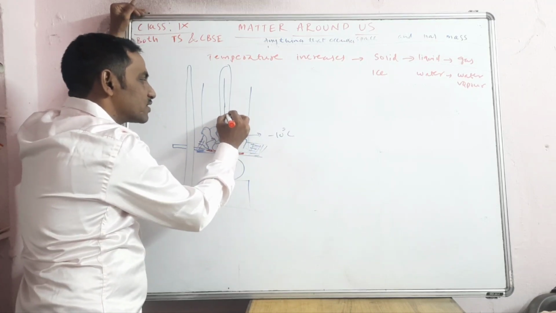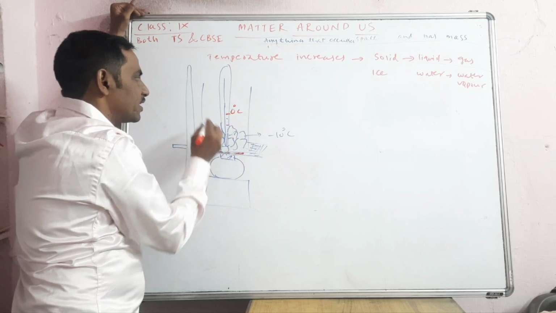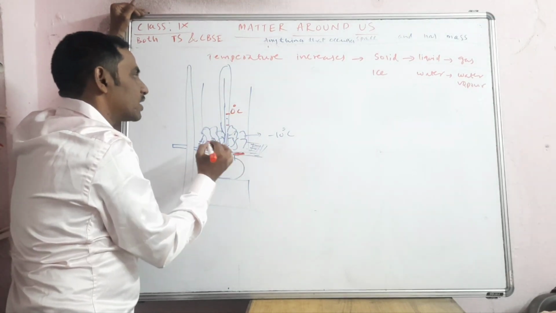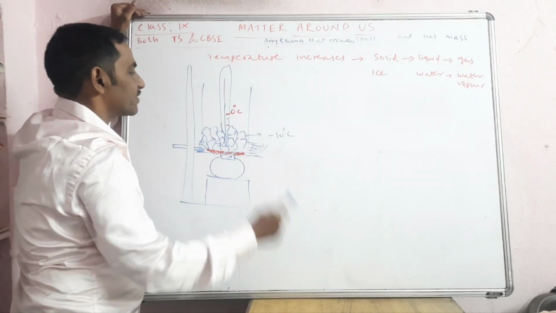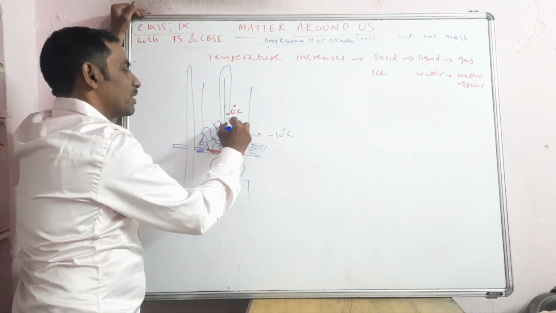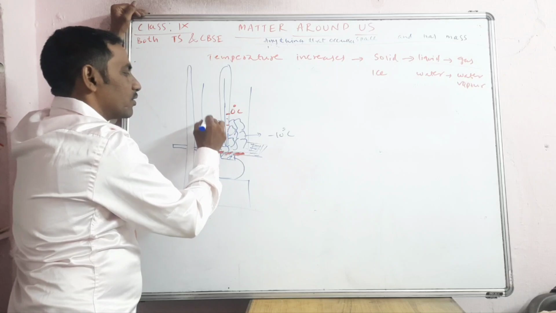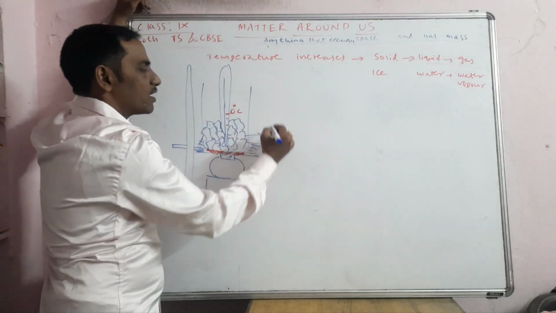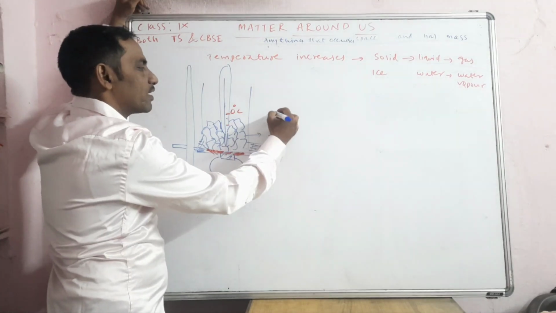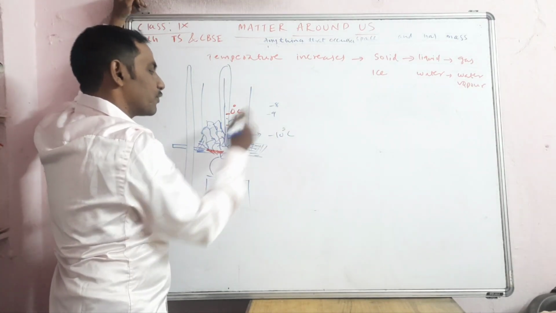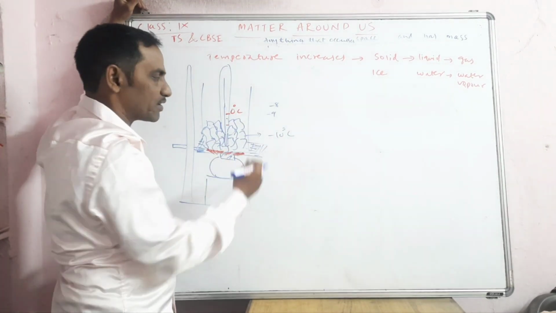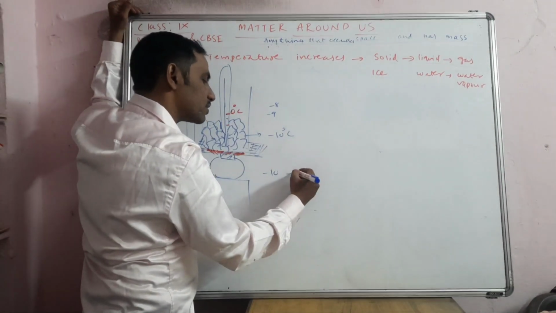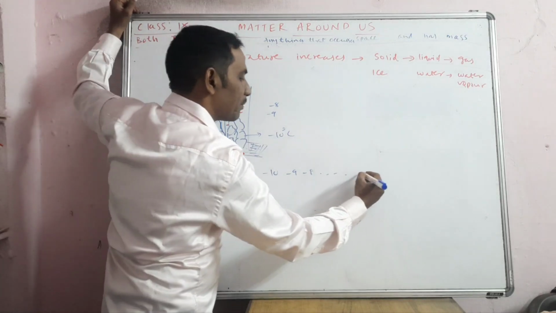But when it reaches 0 degrees centigrade, though you are supplying a lot of heat, there won't be any rise in the temperature of the thermometer. Why? Because the temperature keeps rising until 0.